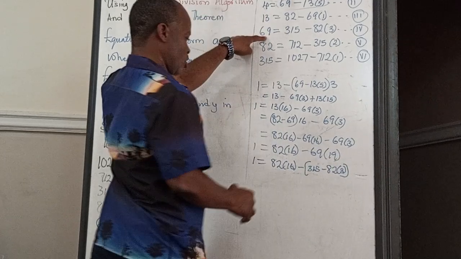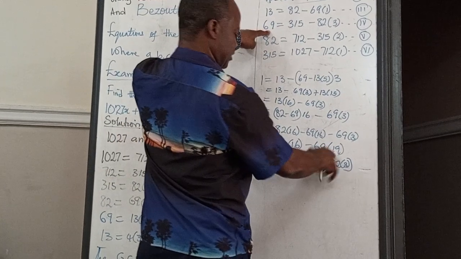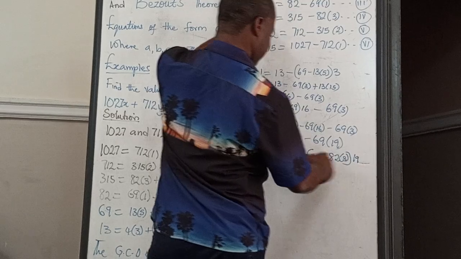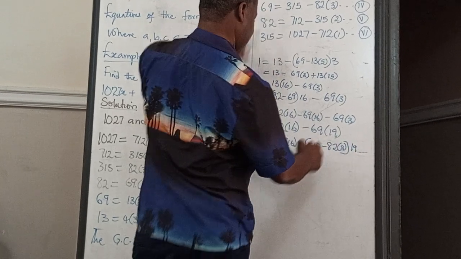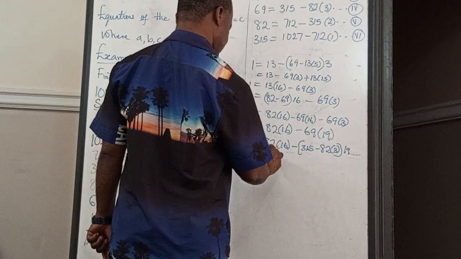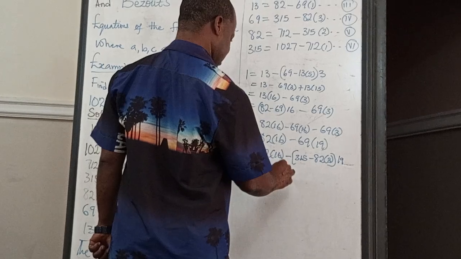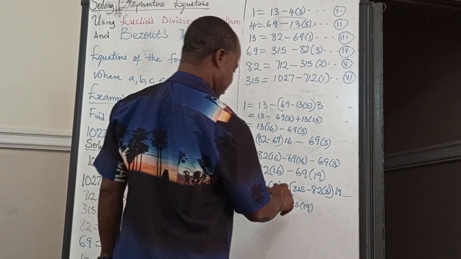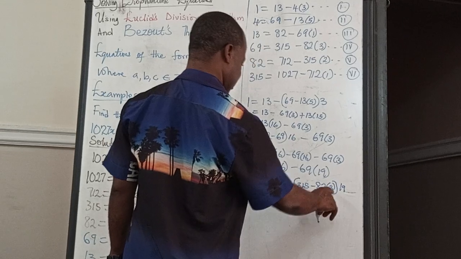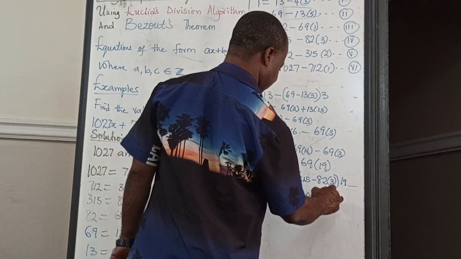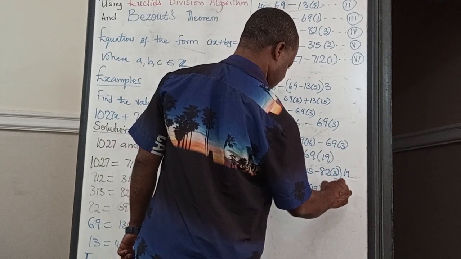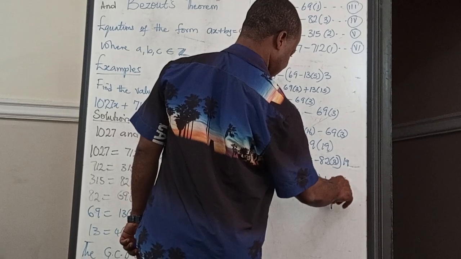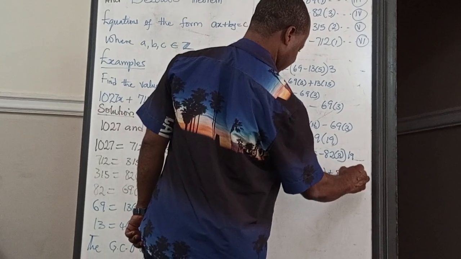And then we come back to the board, but we have 19 here. So we write the 19 because everything here is 69. So that we expand this bracket to have 82 times 16 minus 315 times 19, minus times minus is plus, 3 times 19 is 57. So we have 82 times 57.